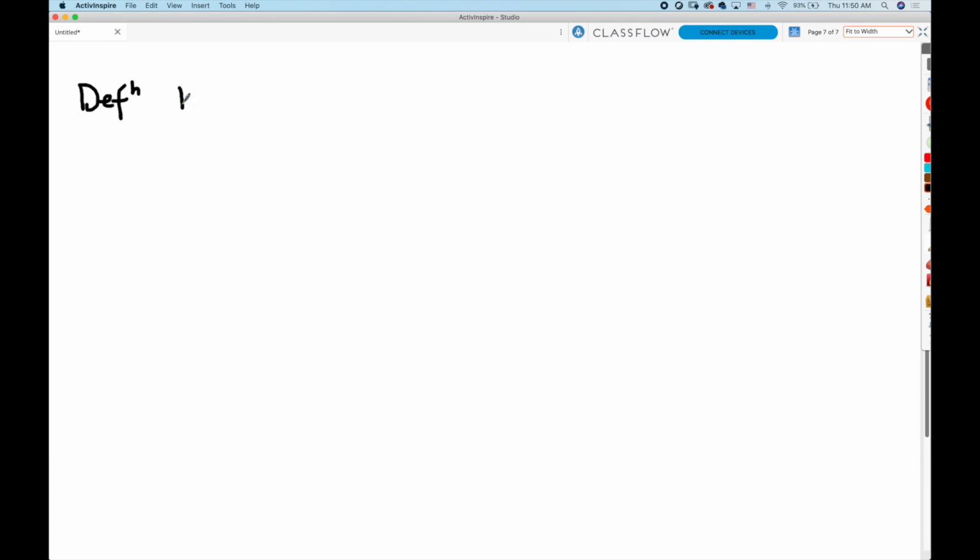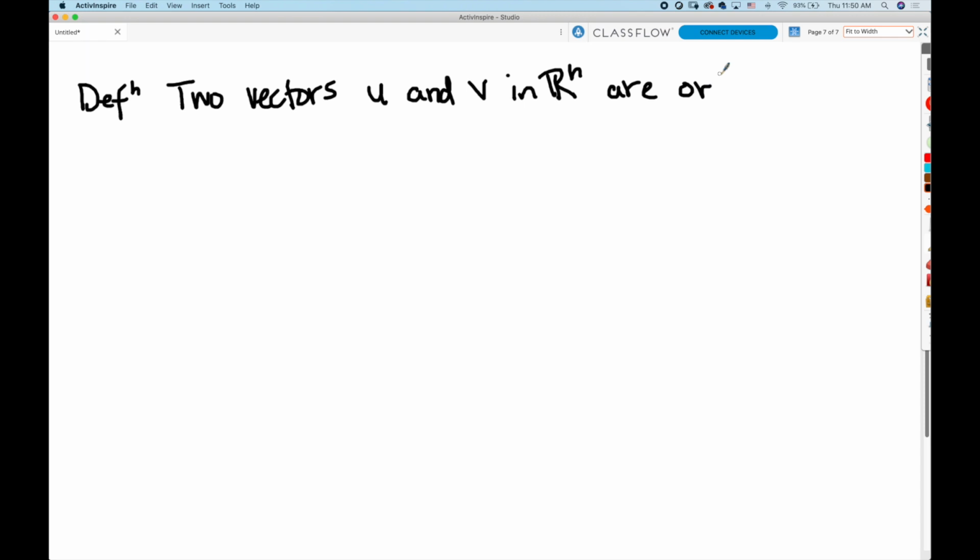So basically, the two vectors u and v in Rn are orthogonal if u dot v, the inner product, is equal to 0.